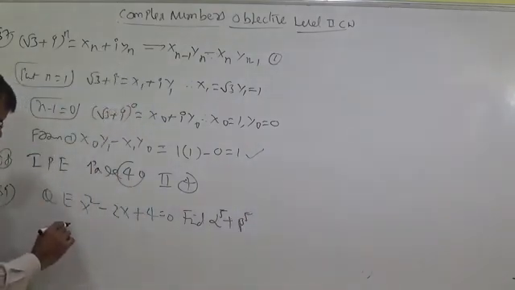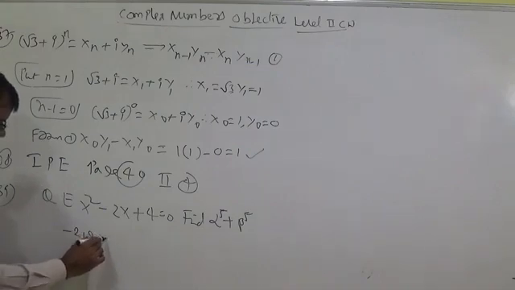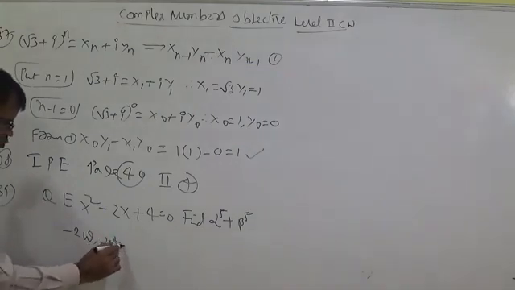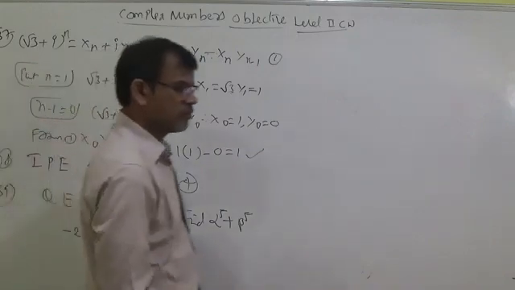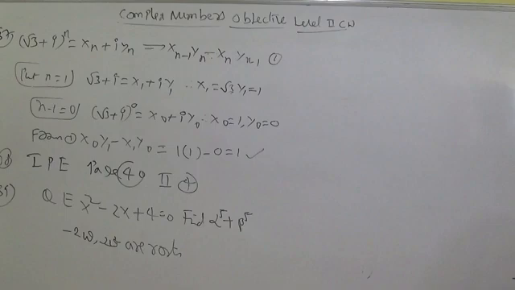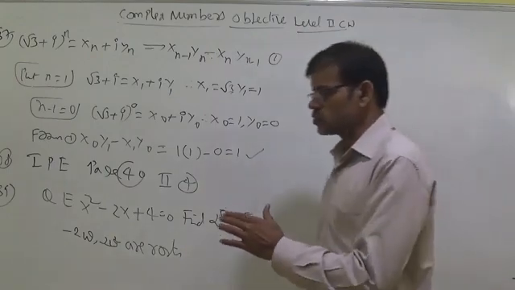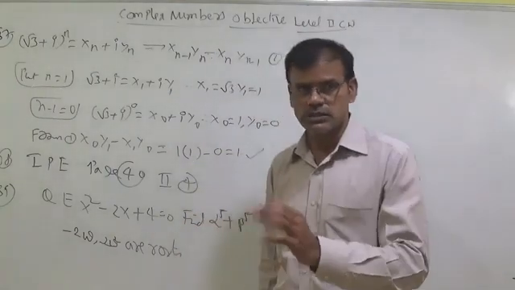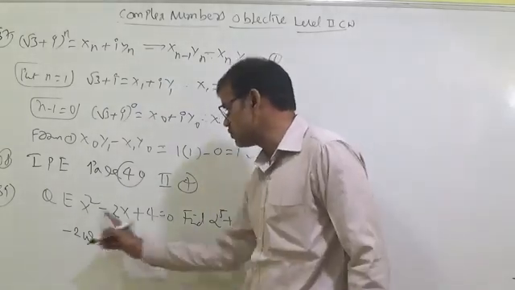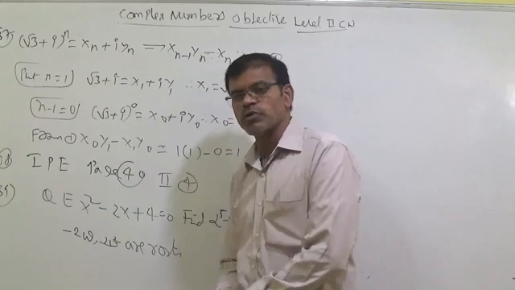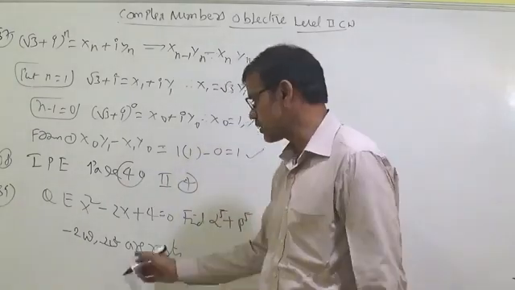Now let us understand: minus 2 omega, minus 2 omega square are the roots. If you have any doubt, you can substitute there. Whenever the concept 1 plus omega plus omega square is equal to 0 is there, you should understand the value in terms of omega and omega square as roots of the quadratic equation.